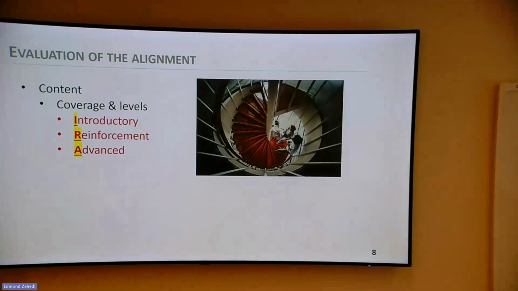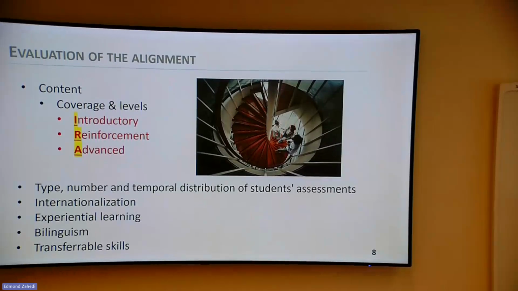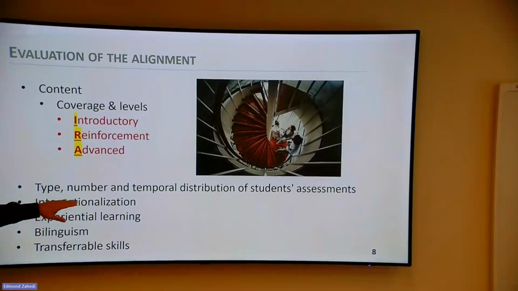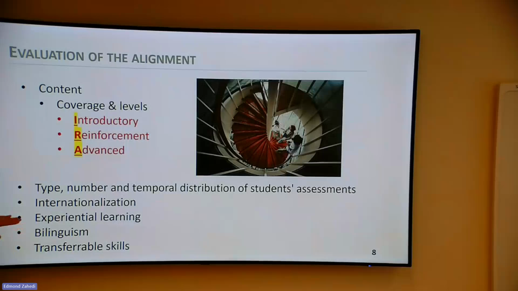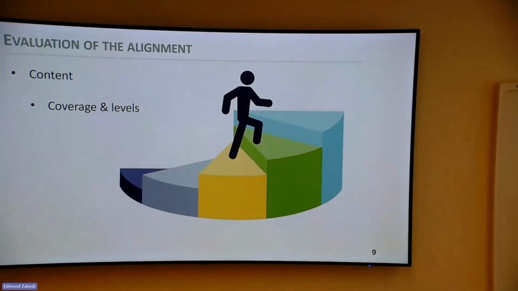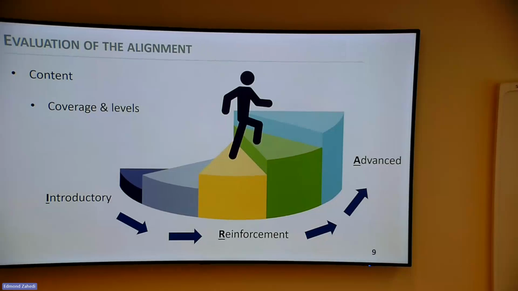So again, we have the coverage and levels of coverage, introductory, reinforcement, advanced, but we are also interested in the type, the number and temporal distribution of students' assessment, internationalization, experiential learning aspect, bilingualism, and transferable skills. So we are taking a holistic approach and we look at the whole picture.